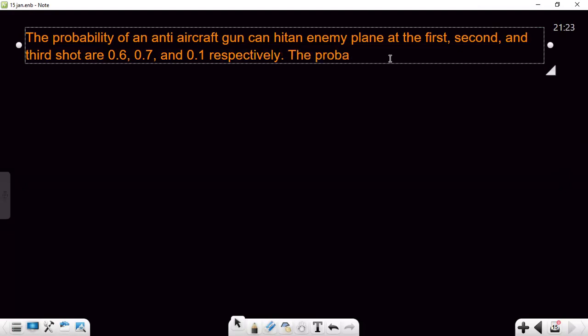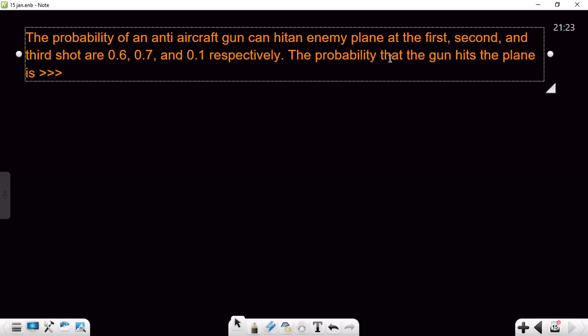The probability that the gun hits the plane is what we have to find.